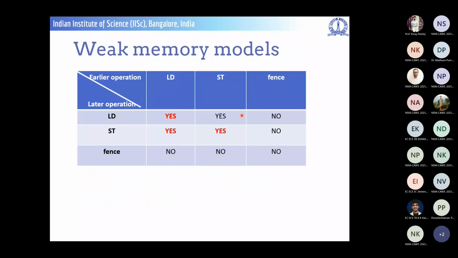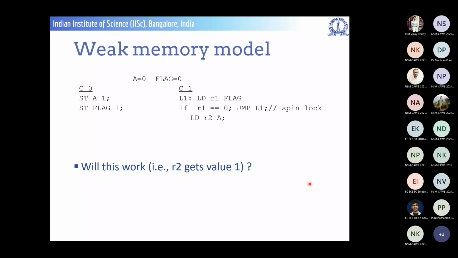So that's the problem. In weaker memory consistency models, you typically allow all kinds of reordering, but thankfully you have fence instructions, so you have to put them in to make sure your program behaves right. Now, going back to this example, under the weak memory model, would R2 be guaranteed to load 1 or not?